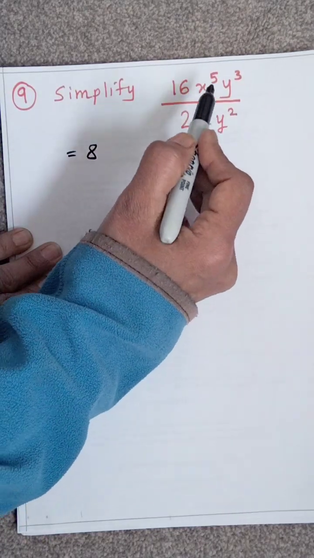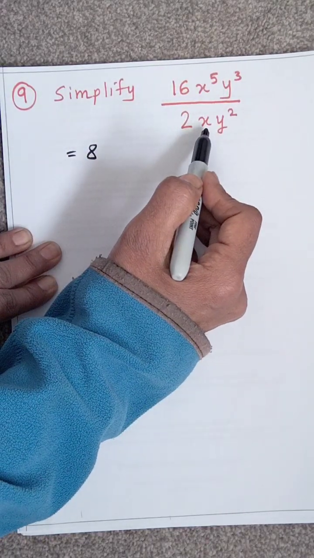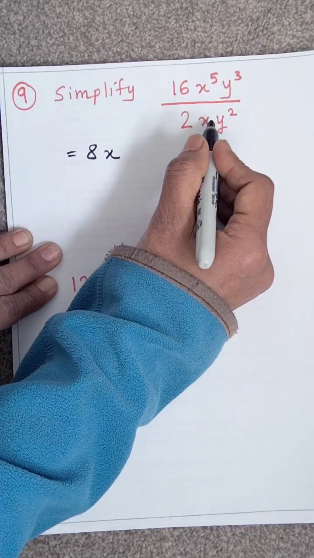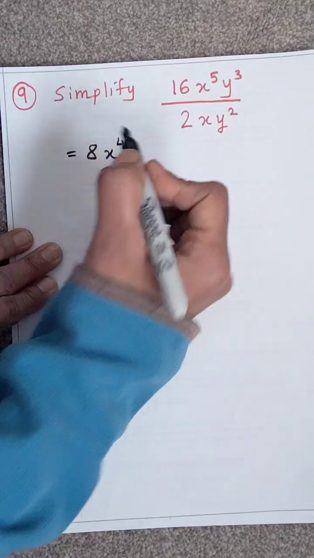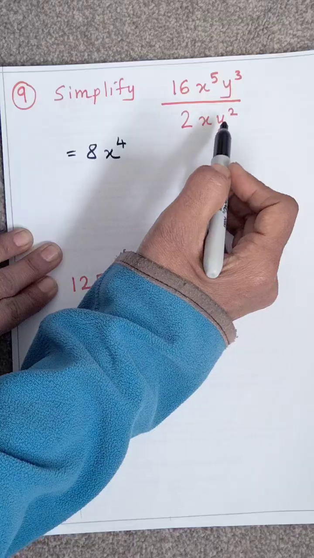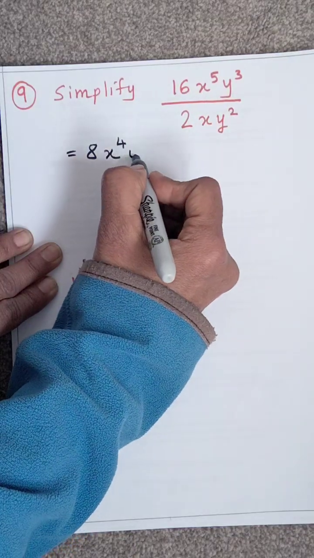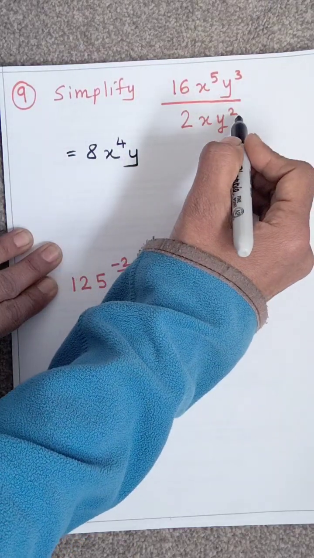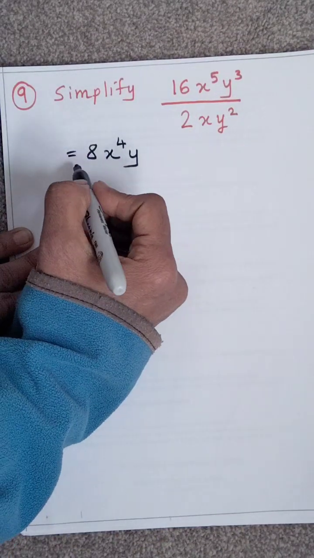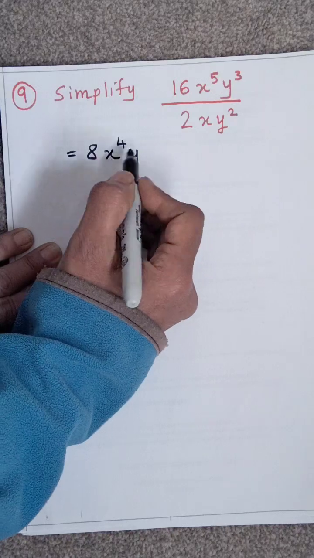So it is division: x raised to 5 divided by x raised to 1. So it becomes x raised to 5 minus 1, which is x raised to 4. Now for y raised to 3 over y raised to 2, it becomes y raised to 3 minus 2, which is 1. So it is only y. So the answer is 8 x raised to 4 y.